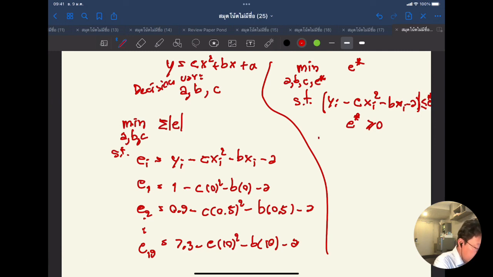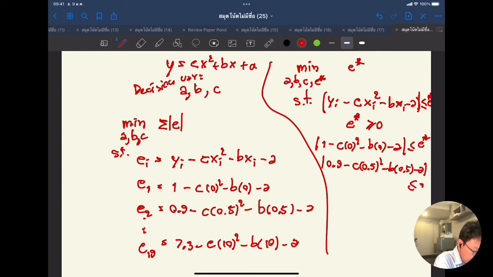And we can write it this way. For example, 1 minus c 0 square minus b 0 minus a, less than E star. And the second one, 0.9 minus c 0.5 square minus b 0.5 minus a, less than E star.